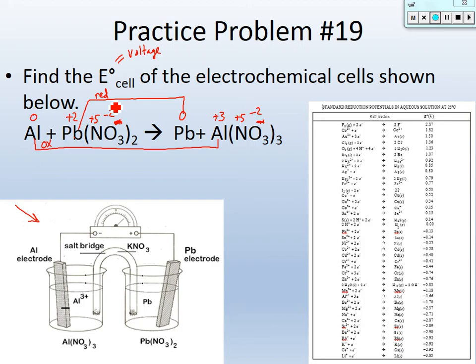Okay? If I write the half reactions now, let's write the oxidation half first. We've got aluminum, and that's going to aluminum +3. To balance the charges, I'm going to need to add 3 electrons to this side.